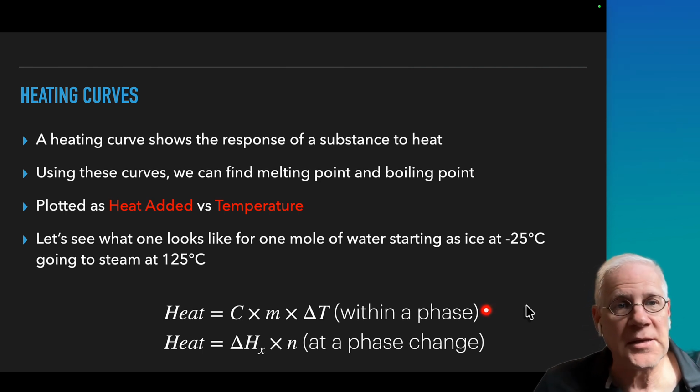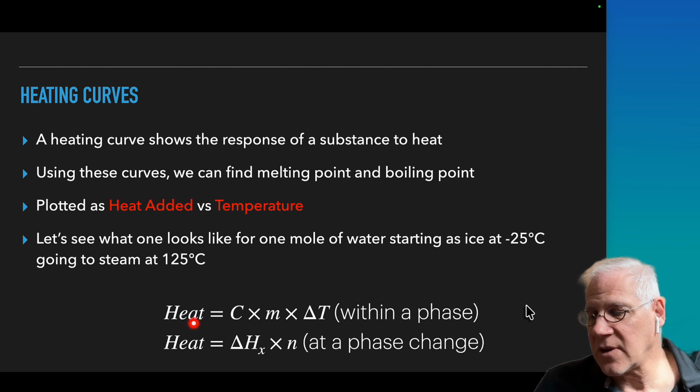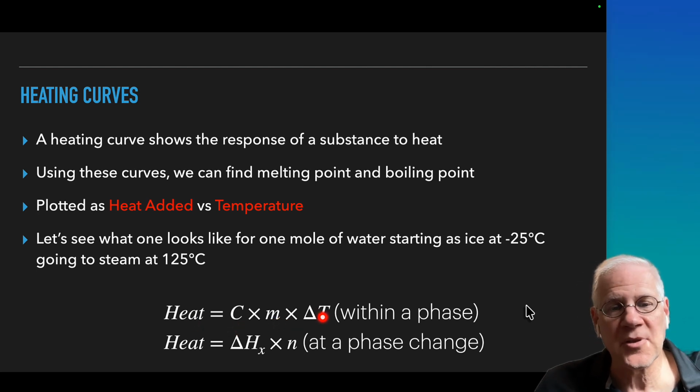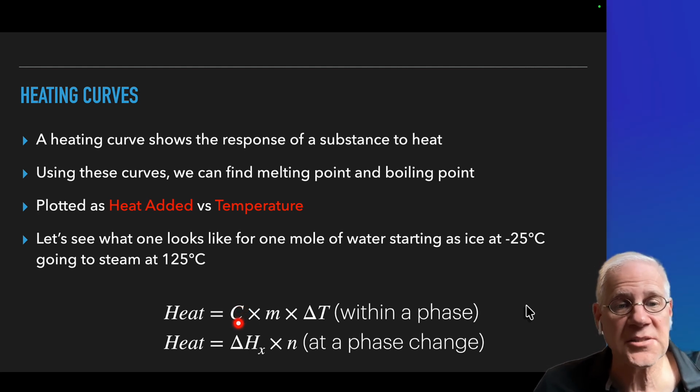Anytime you're within a phase, and so you're changing the temperature of the water, we use the equation that heat is equal to C times M times delta T. C is the specific heat for that substance in that phase, and usually liquid phases, solid phases, and gas phases for a single substance have a different value for C, so you want to make sure that you're using the right one. Your M is just the mass.